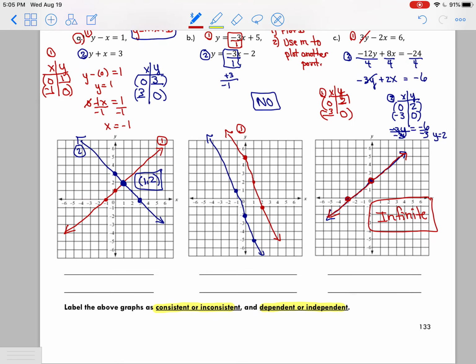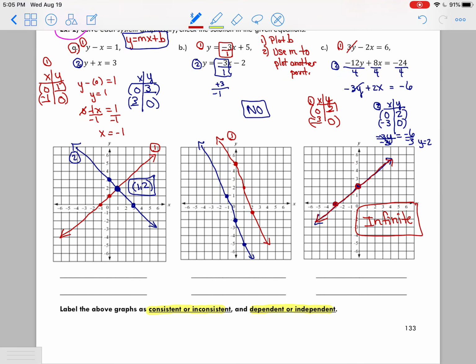All right, guys, so let's finish this problem out by talking here about the consistent versus inconsistent first. Remember these two terms just ask us to consider, is there a solution? Right? That's what we're really thinking about here. So obviously in this first example, we totally have a solution.